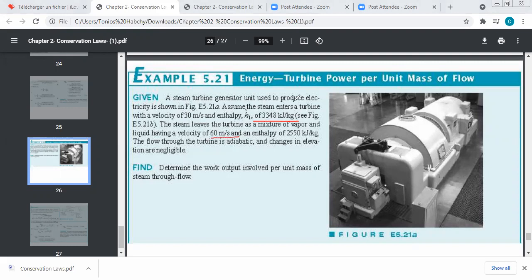You can convert all your units to joule per kilogram, or if you keep H in kilojoule per kilogram, then your net work output will be in kilowatt. If you keep your energies in joule, you will get your total work output in watt. So just be consistent with your units. If you use kilojoule for everything in your energy terms and multiply by m dot, which is in kilogram per second, you will end up with kilowatt. If you use joule per kilogram, you will end up with watt.